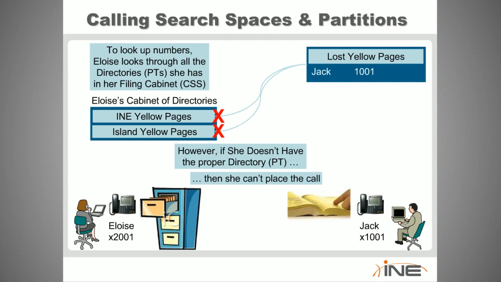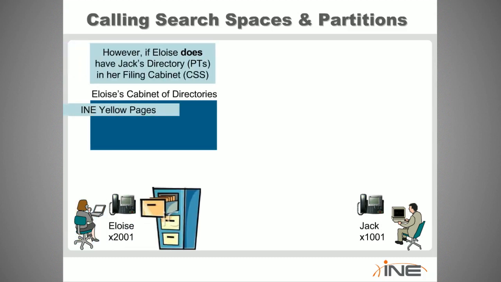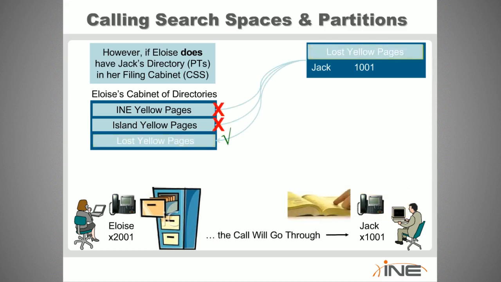So a comparison is done, and she can't place the call because she does not have the proper directory to see his number. So she would meet with reorder tone. However, if Eloise does have Jack's directory inside of her cabinet, or does have his partition inside of her calling search space, then the call will go through.